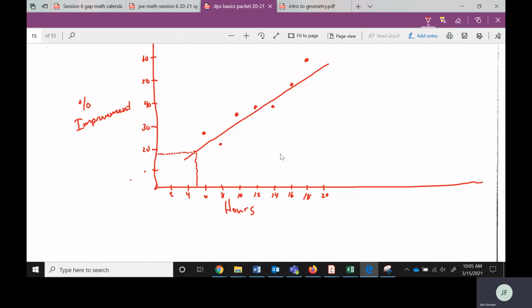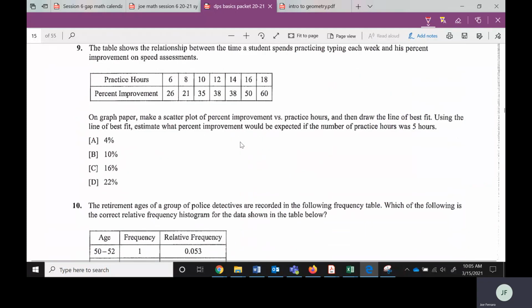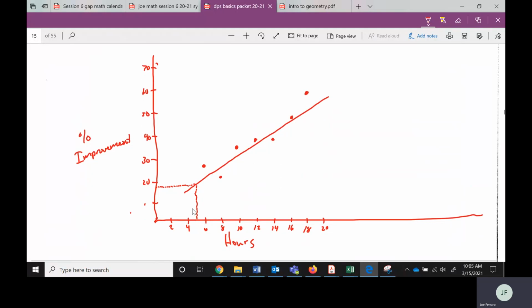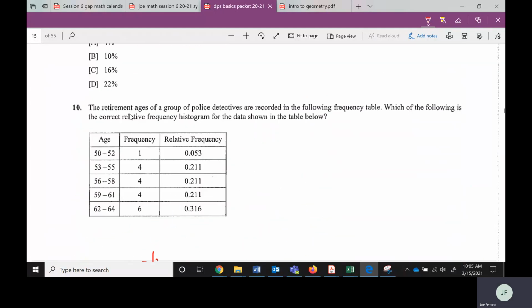Where would it be there? So that looks like mine, maybe an 18. So you got to think of what would be closer here. 18 closer to 16 or 22. And I think even with this line, if I were to move it up a little bit, it would even come down a little lower. So I think 16 is going to be your best answer.